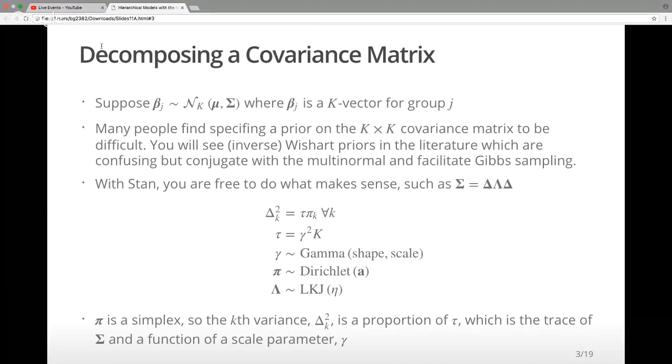And so now gamma is just the standard deviation of the variability in the intercepts from one group to the next. So it's a way of doing something that works in the k=1 case and also generalizes to the k greater than 1 case, where we're specifying beliefs about a whole set of parameters that can vary from one group to the next.